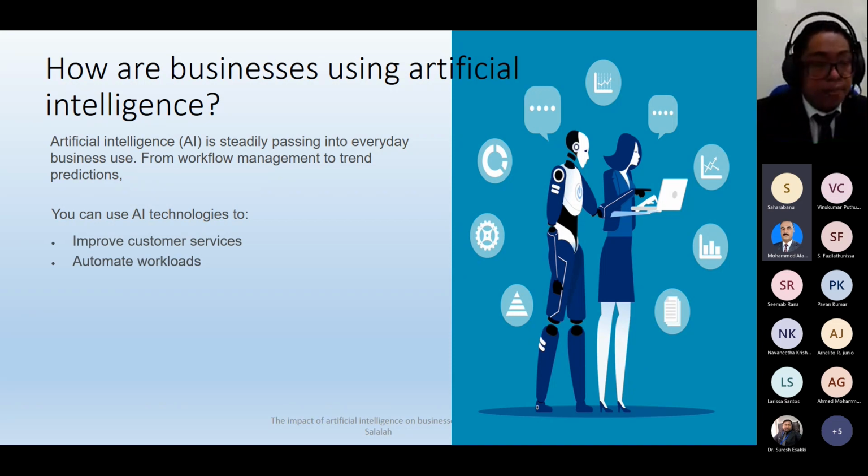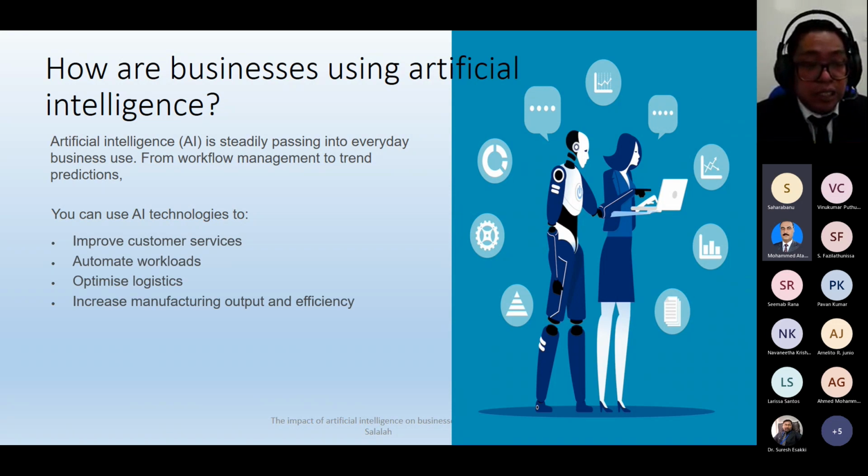Optimize logistics, right? This is quite common from a business point of view. If we are using AI-powered image recognition tools to monitor and optimize your infrastructure, plan transport routes, and more, optimization of logistics can happen, increasing manufacturing output and efficiency.